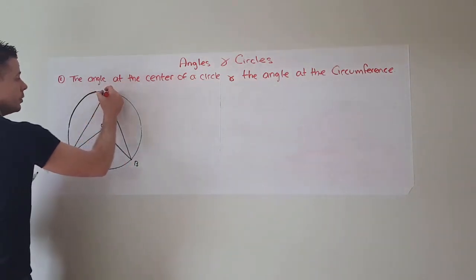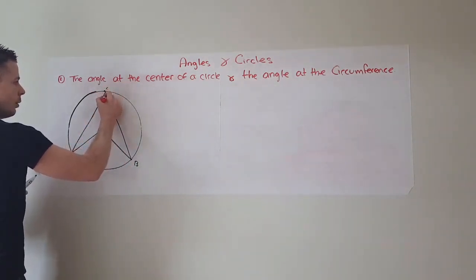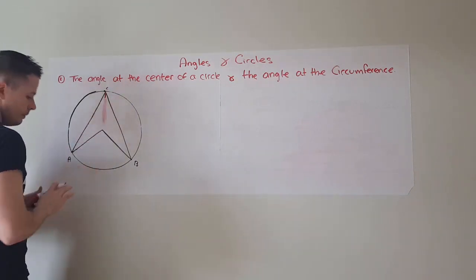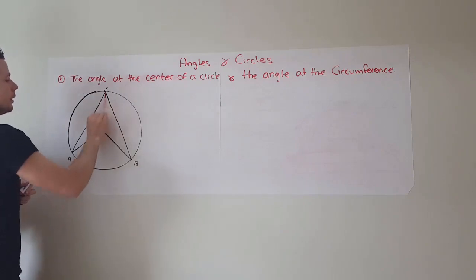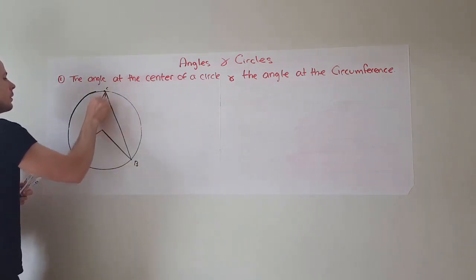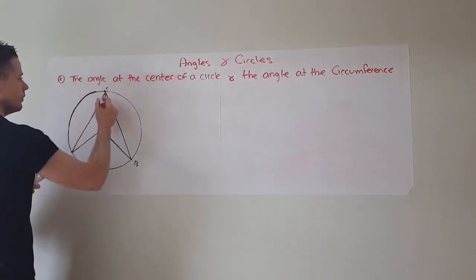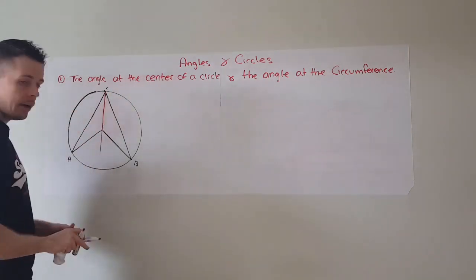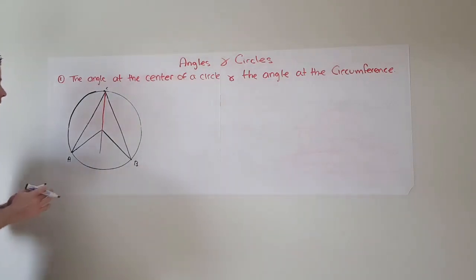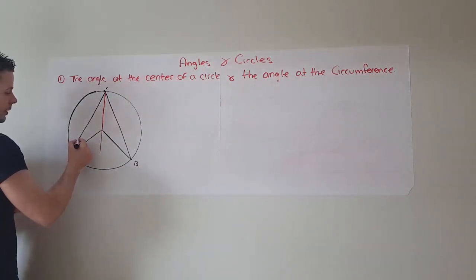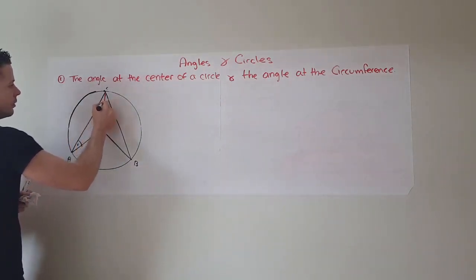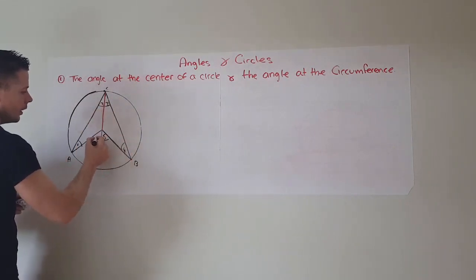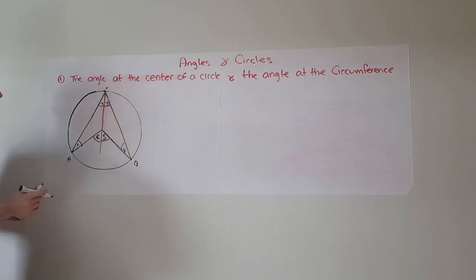So all I'm going to do is drop in a line from C to O and extend it. There it is, extended. And I'm going to label in my various angles: this angle 1, this is 2, 3, 4, 5, and 6.